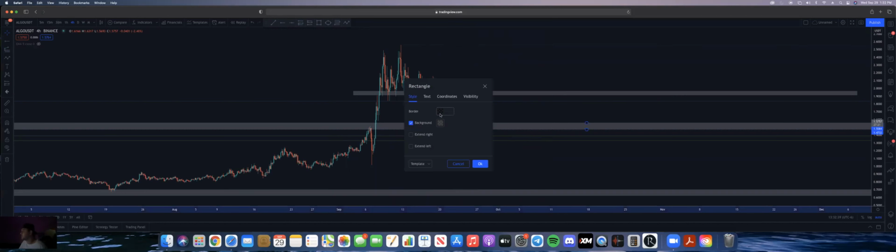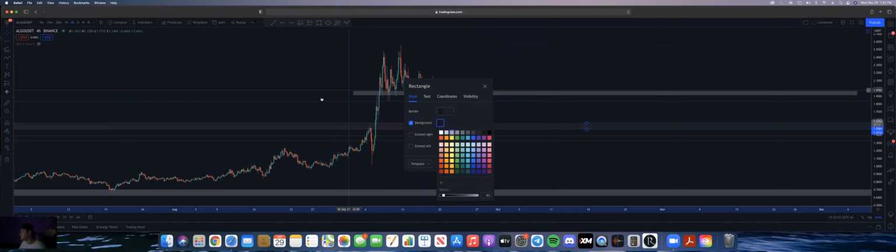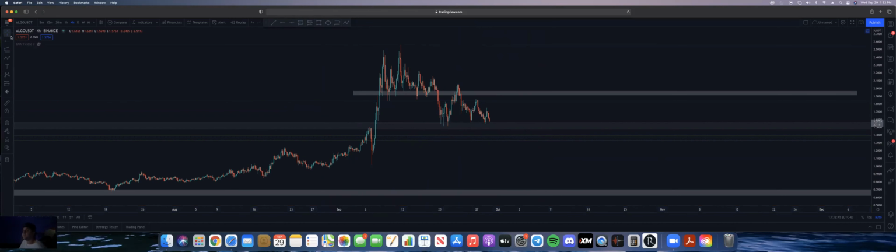So we understand that this is our daily zone here. And we also see that price has respected it quite beautifully for the time being. It's actually on its way back into the zone right now. So what we can do here is start identifying potential resistance and support areas.